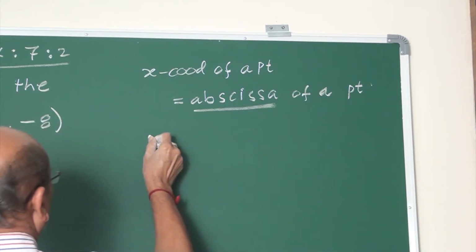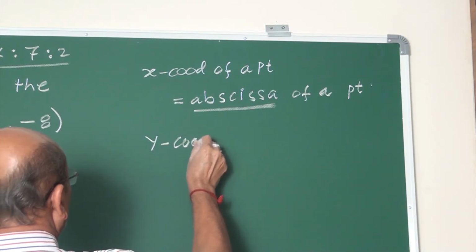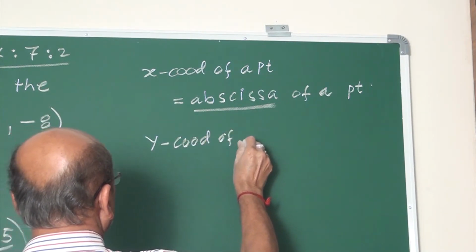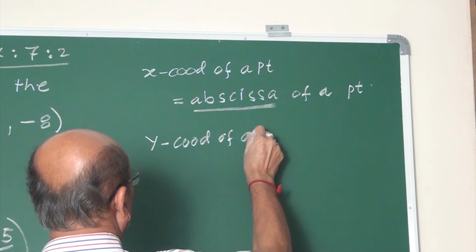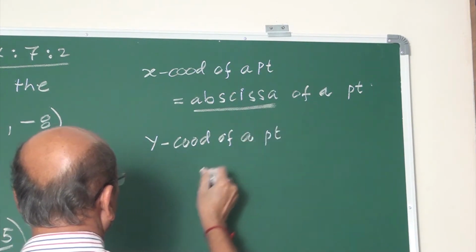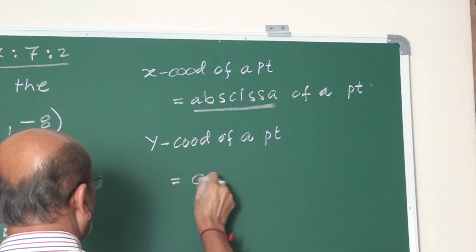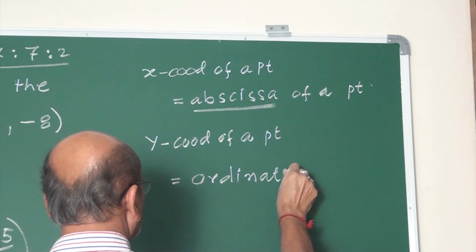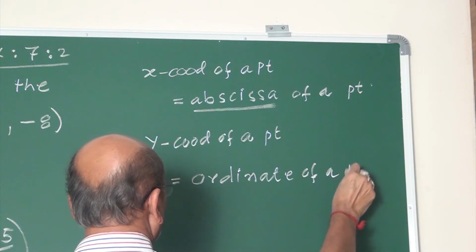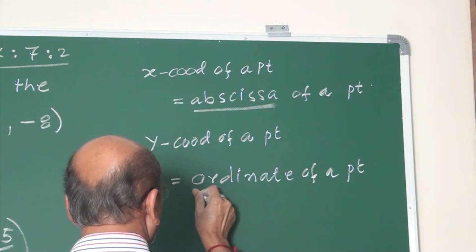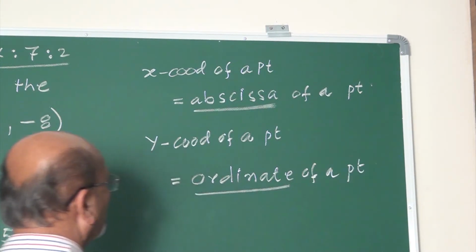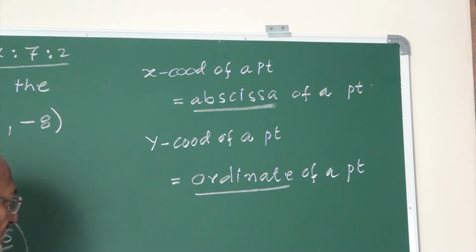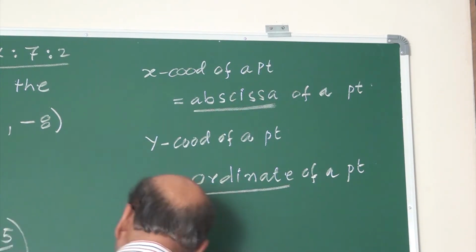Second, the y coordinate of the point is known as the ordinate. So, x coordinate is abscissa, y coordinate is ordinate of a point.